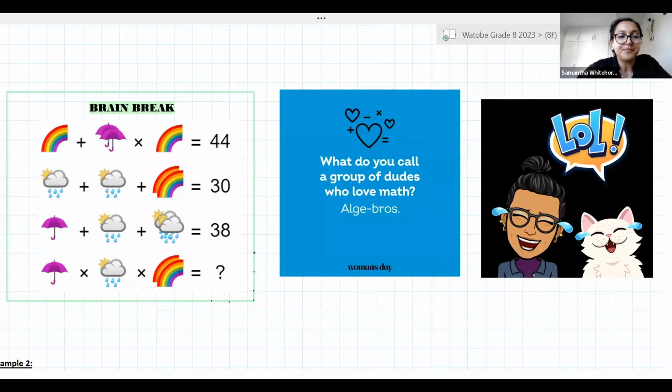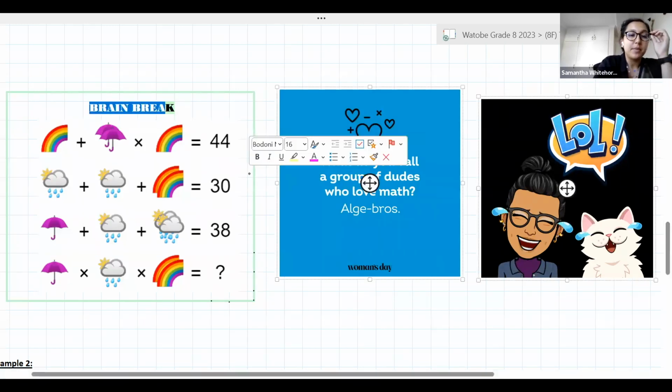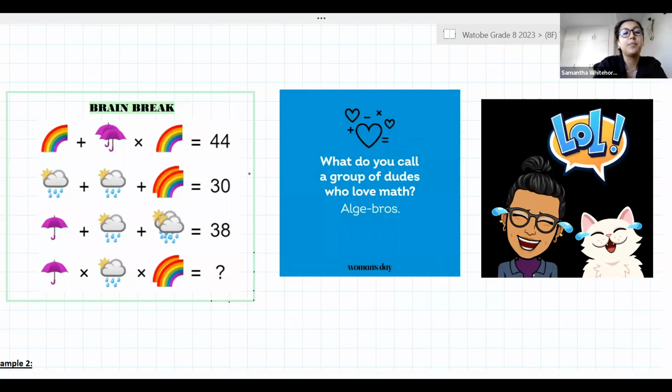Okay, guys, so this one was quite hard because this very first equation had a plus and then a multiply. So we needed to ask ourselves, what number can I both multiply and add to get 44?